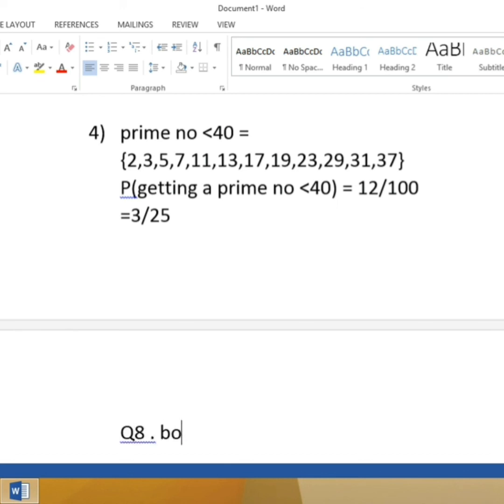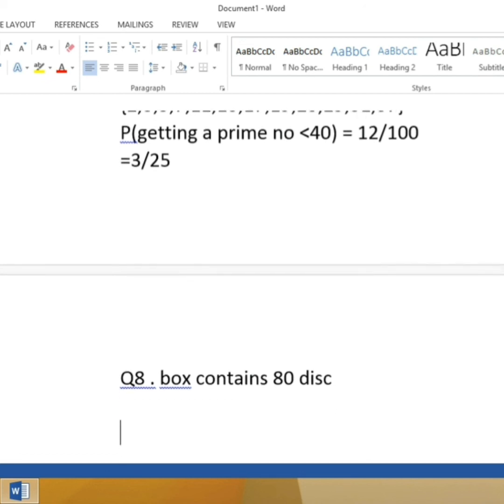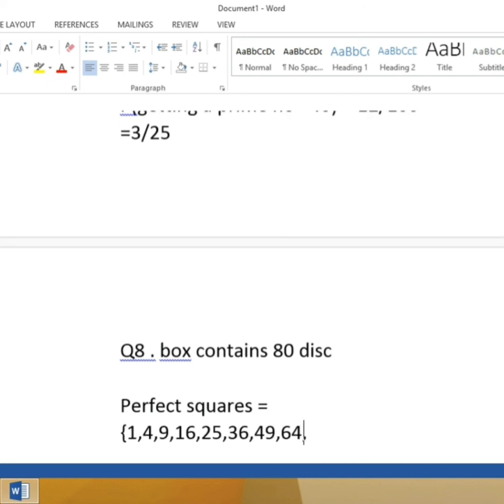Next question, number 8. A box contains 80 discs. We need to find what are the perfect squares in that. So 1, 4, 9, 16, 25, 36, 49, 64 will be listed here.